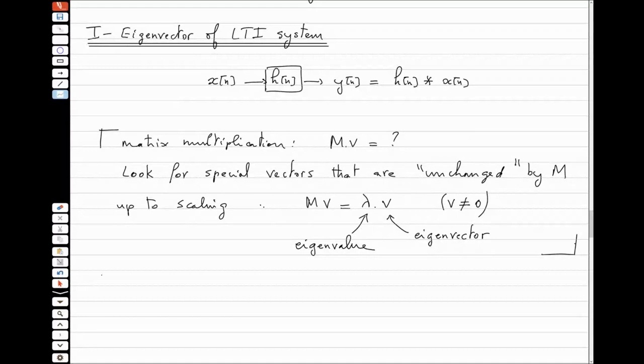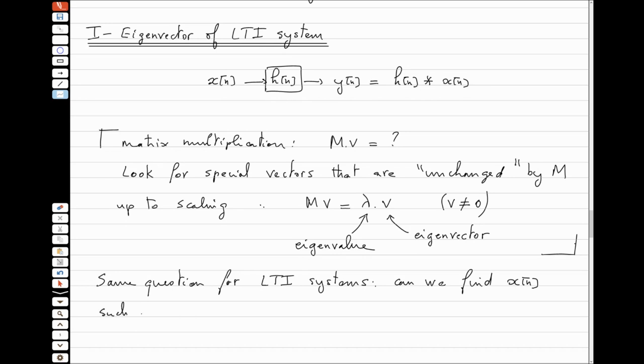So, same question for LTI systems. Can we find x of n such that this just gives you the same sequence, but up to a scaling factor?